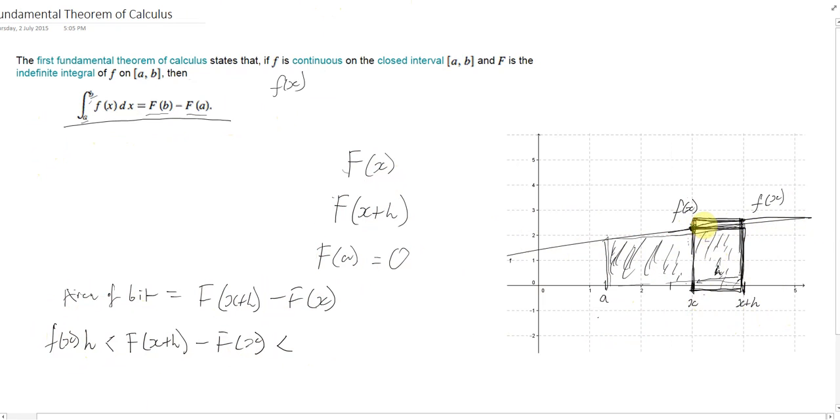The height of that big box is the function at x plus h, and the width is h again. So this one is f of x plus h multiplied by h.